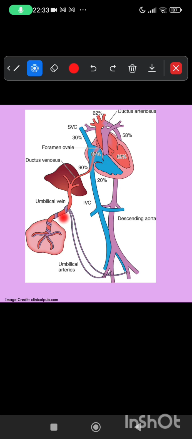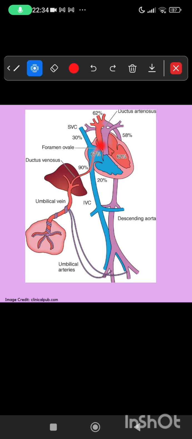So one of its vessels enters into the liver and then it directly joins the ductus venosus. So it bypasses the liver, ignores the liver, although it enters into the liver. But now it does not pay much attention to the liver and leaves the liver. How? Because it joins the ductus venosus, and ductus venosus joins the IVC here and directly drains into the right atrium.